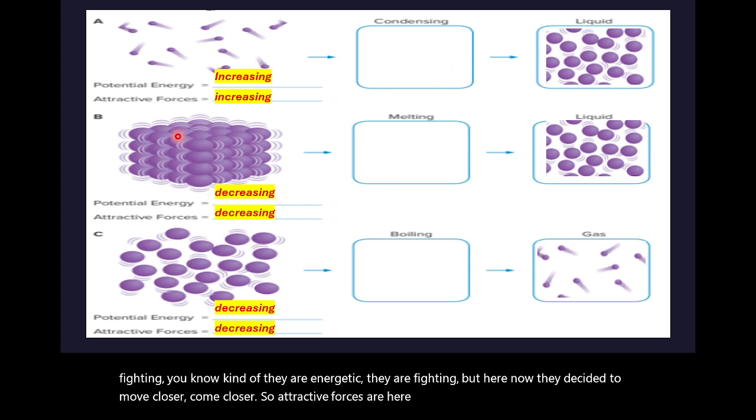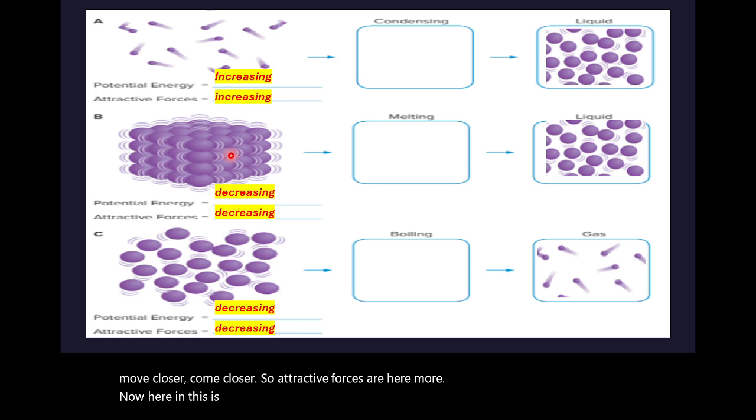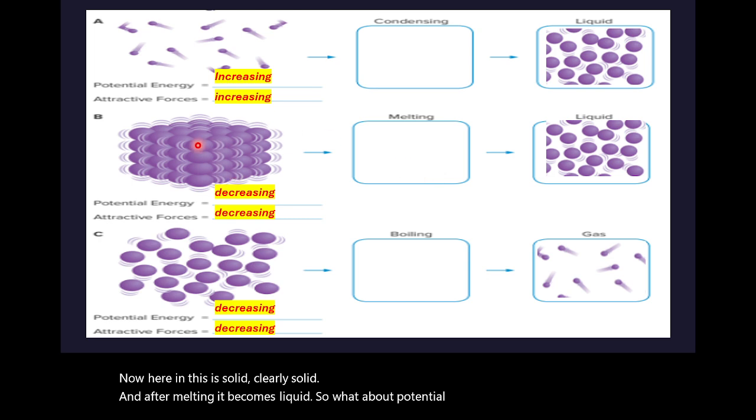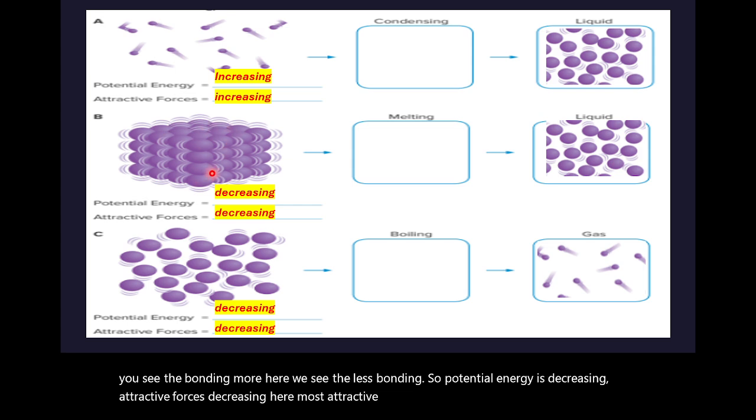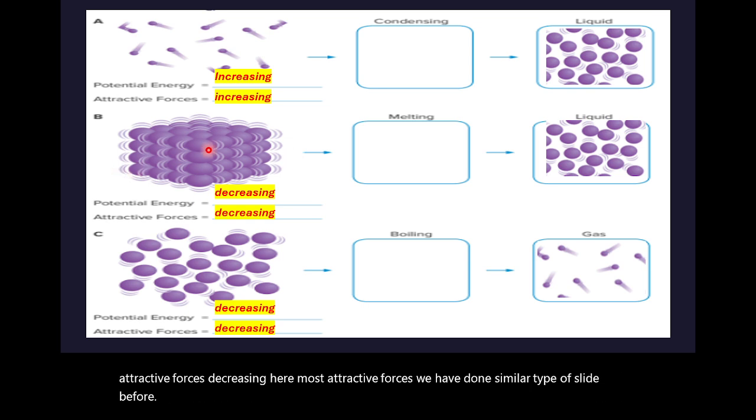Now here this is clearly solid, and after melting it becomes liquid. So what about potential energy? See, this is bonding. Here you see more bonding, here we see less bonding. So potential energy is decreasing, attractive forces decreasing. Here are the most attractive forces; we have done a similar type of slide before in the part 1 video.